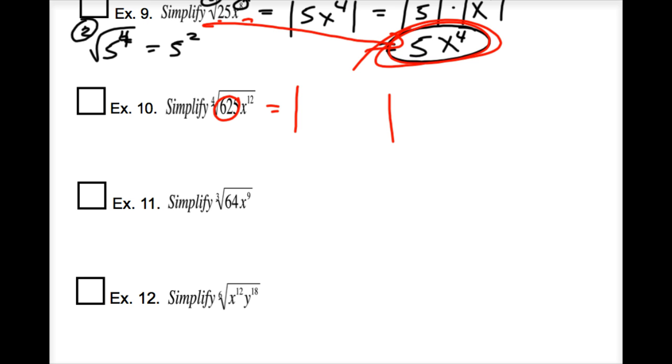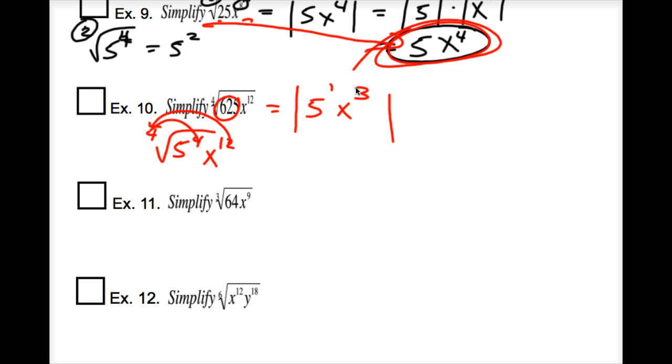And 25 times 25 is 625. So what's the 4th root of 625? 5, because 5 to the 4th is 625. You see how that 4 divided by 4 is 1. So that's 5 to the 1st. How many x's do you end up with? 12 divided by 4 gives me 3 sets.